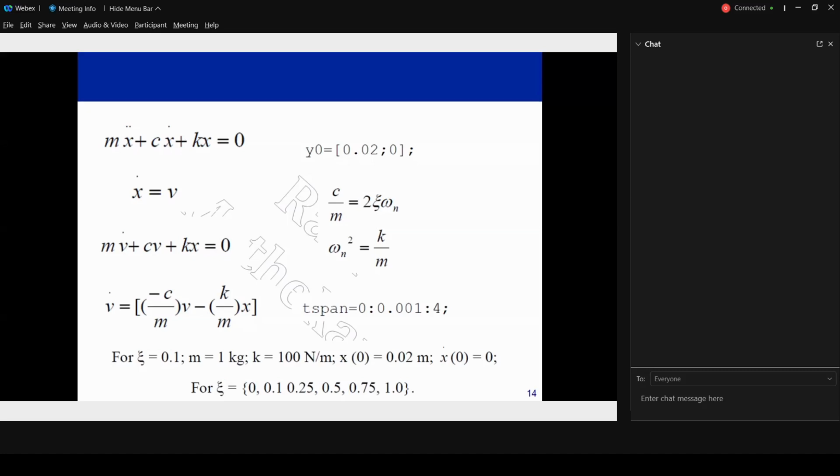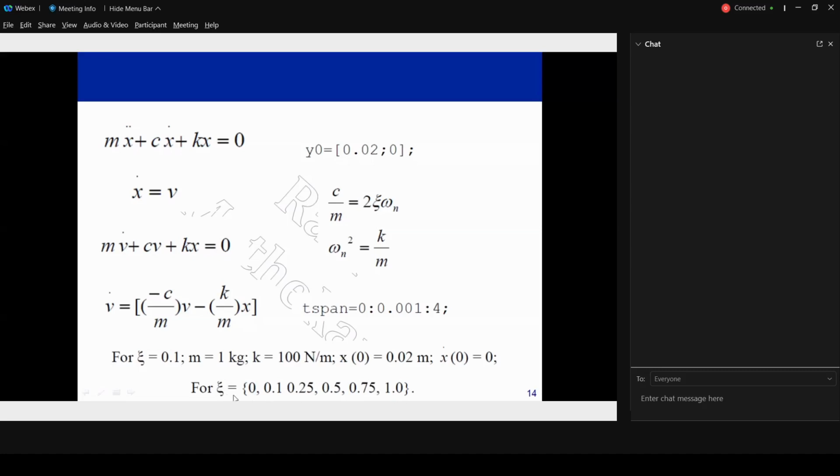Zeta is constant, 0.1. Sir, you've given different values now for zeta. Where? 0, 0.1, 0.25, 0.5. No, no, no. At this point of time, you just put 0.1. That's for next. That's another question, Tirtha. At this point of time, you have a constant value of 0.1.